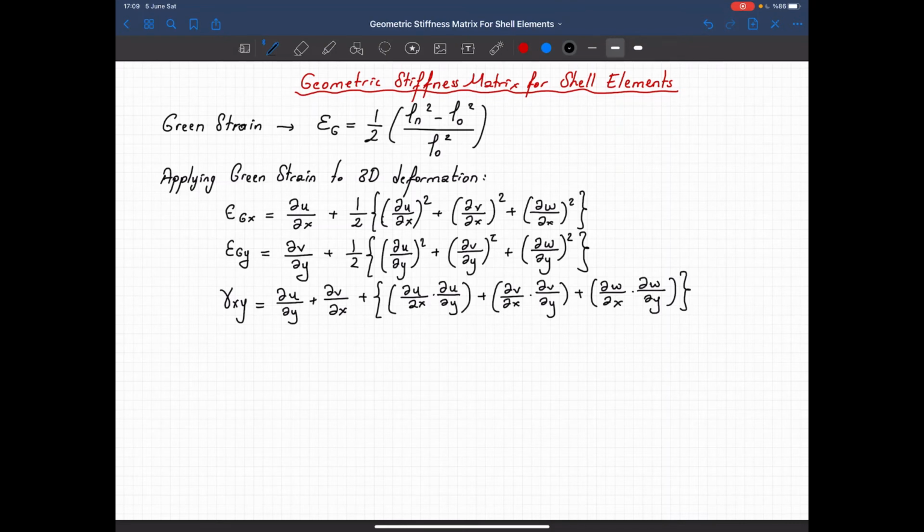Okay, now remember that in a membrane element we have the following membrane forces. So let's remember that. That's the membrane element.